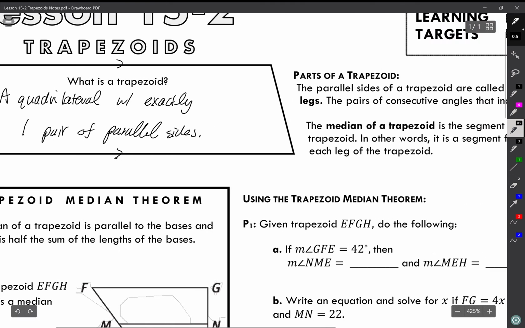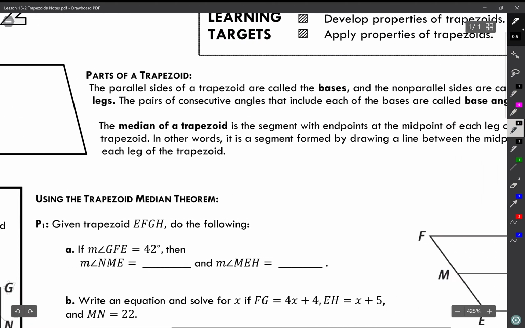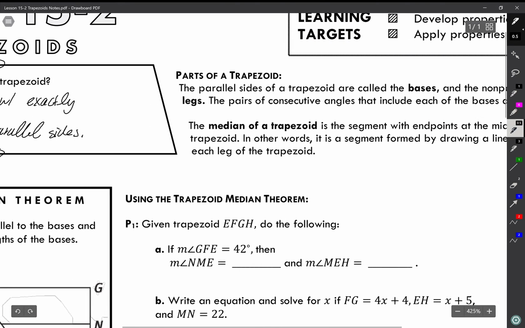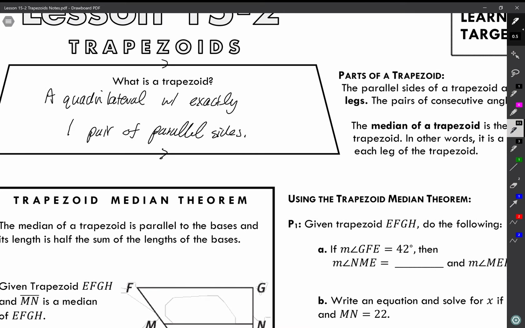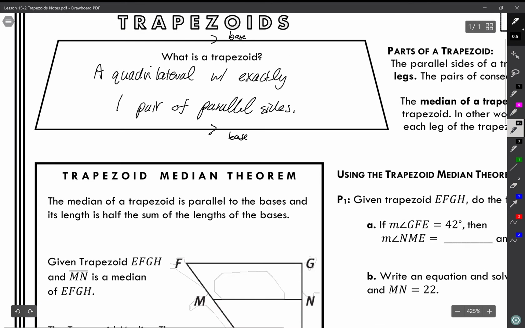Okay, so let's talk about the parts of a trapezoid. The parallel sides of a trapezoid are what we call the bases. So this is a base, and this is a base. The non-parallel sides are what we call the legs. So this is a leg, and this is a leg. All right, and then we have some angles, okay?